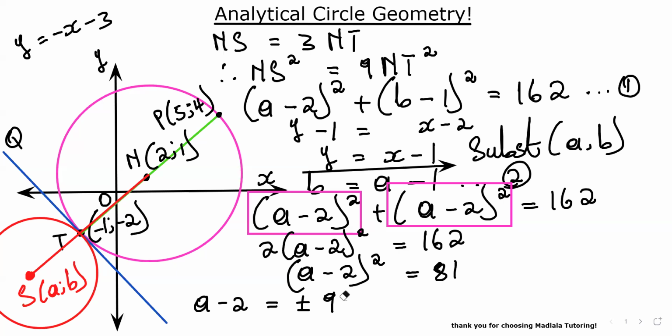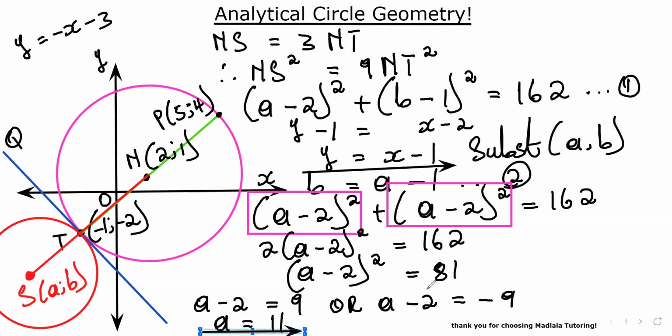But what is the meaning of plus or minus 9? It means A minus 2 equals 9, or A minus 2 equals negative 9. So if you take this one to the other side, you find that the value of A has to be 11.